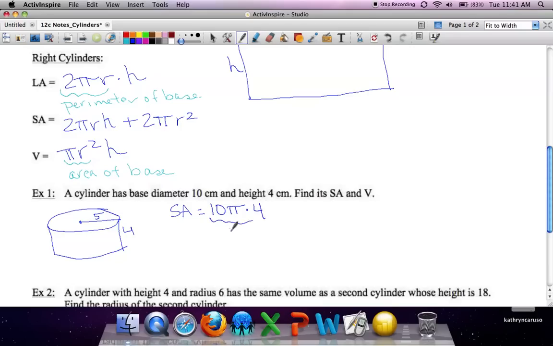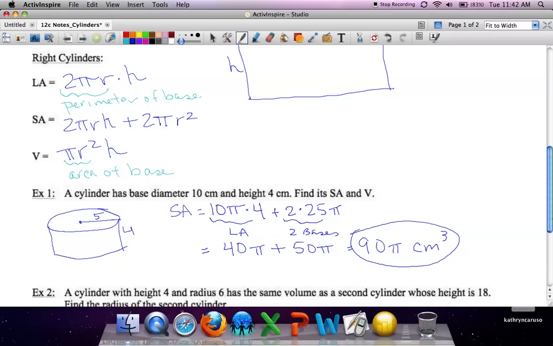So this is the lateral area part, and we add that to the area of the two bases. Two bases are 2 times pi r squared. 25 is 5 squared. So if I combine like terms, I get 40 pi plus 50 pi for a grand total of 90 pi. And what would the units be on this one? It would be centimeters squared. So that's the answer to example 1.